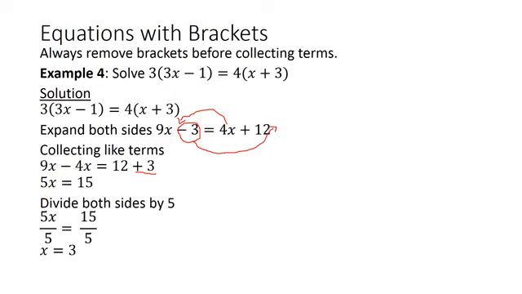Alright, so when we do that, we say 5 in 5, I have 1, 5 in this, I have 1, 5 in 15, I have 3. Alright, at the end of the day, our x is now equal to 3.